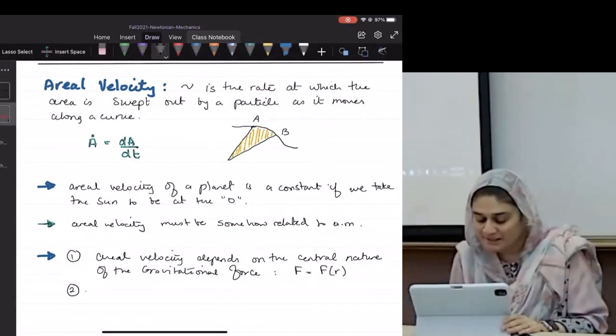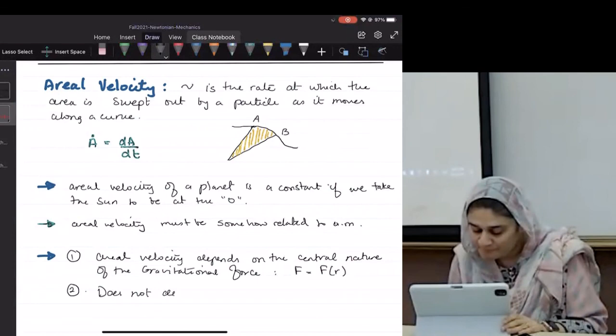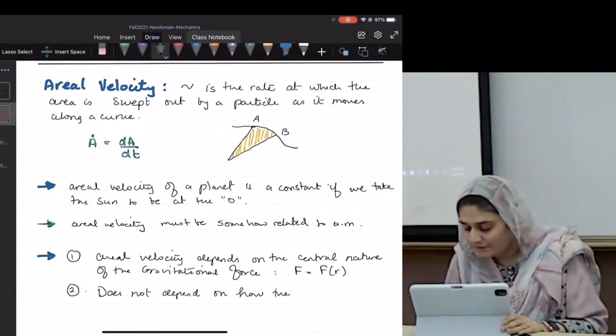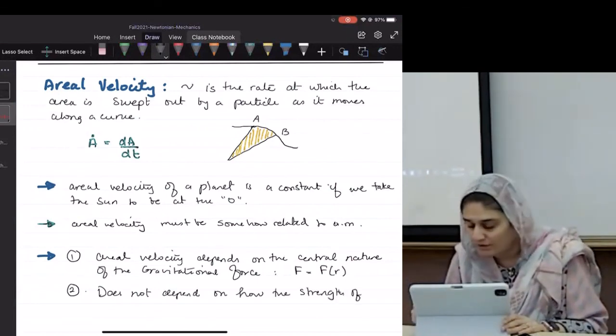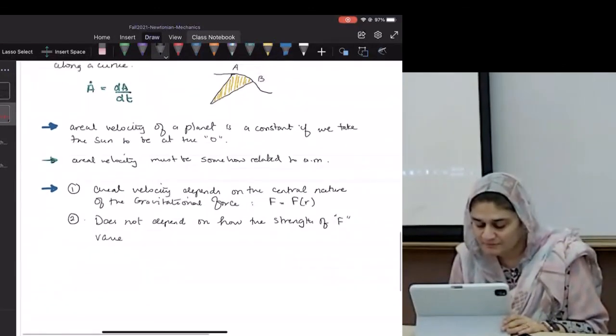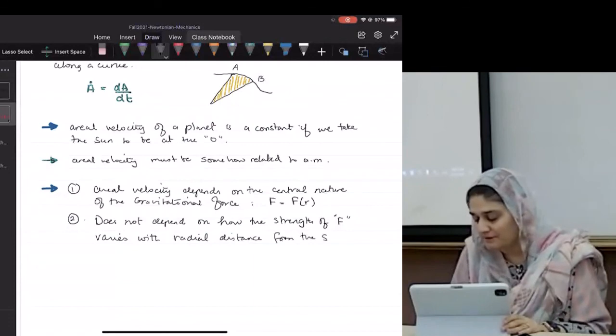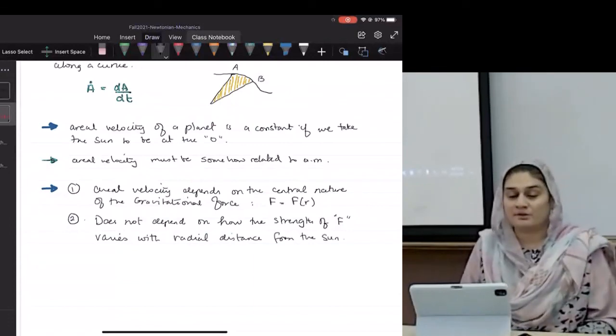Got it? We say it does not depend on how the strength of F varies with radial distance from the sun. These are very important to remember.